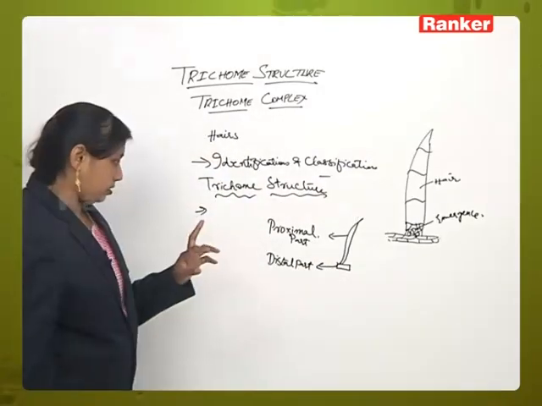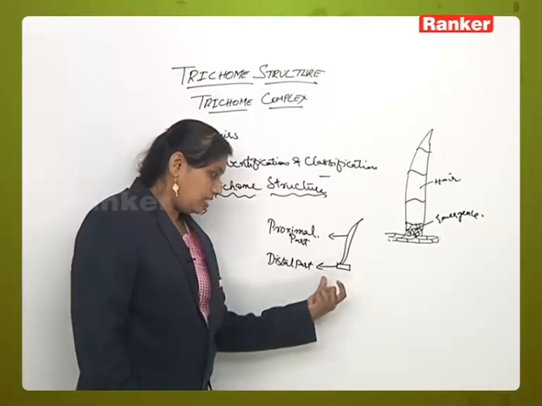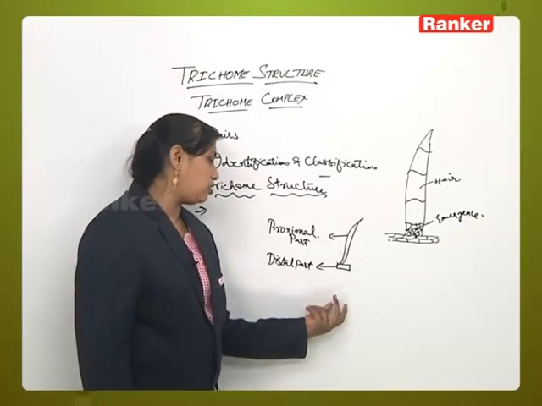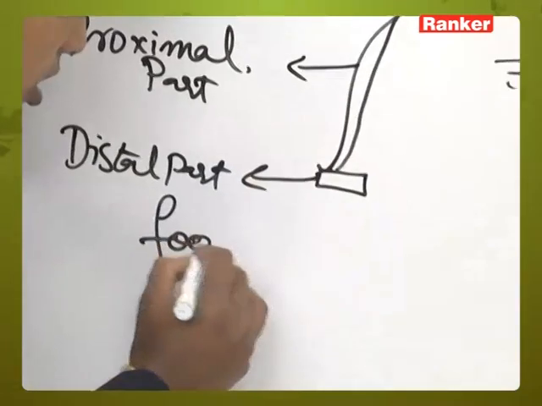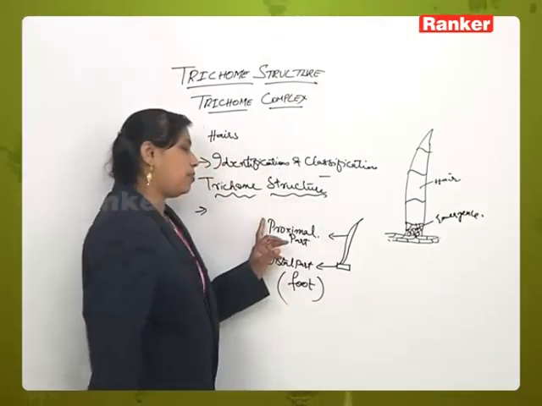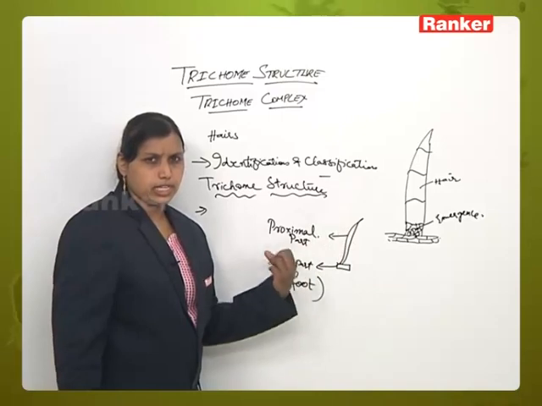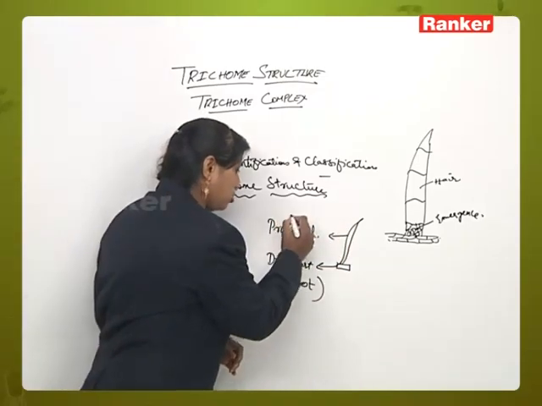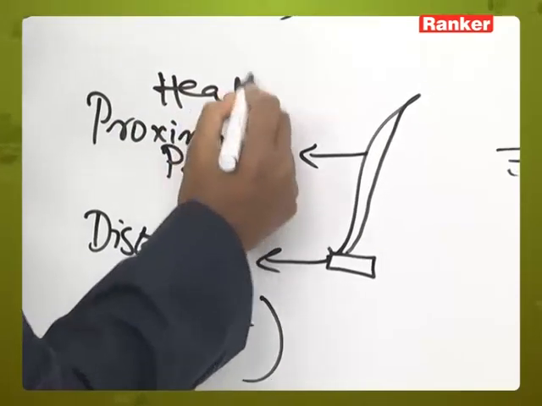Any trichome can be divided into two sections. The distal part, which is embedded in the epidermal cells, is also called the foot, and the proximal part, the outgrowth coming from the epidermal cell, which grows above the epidermal cells, is also called the head region.